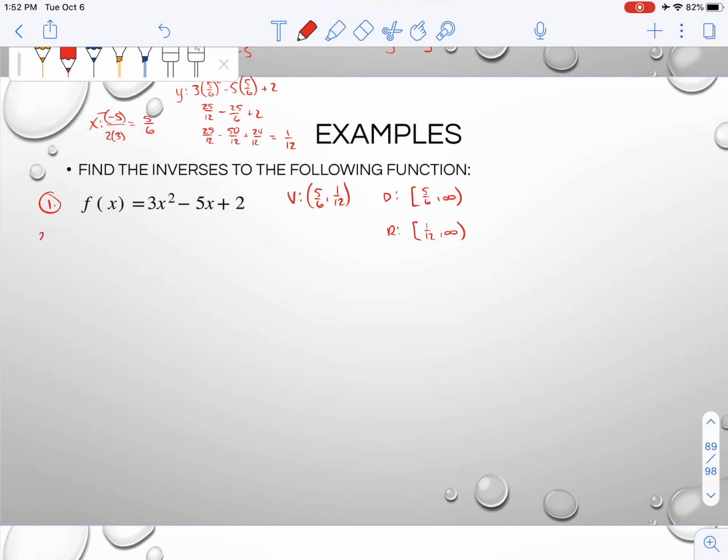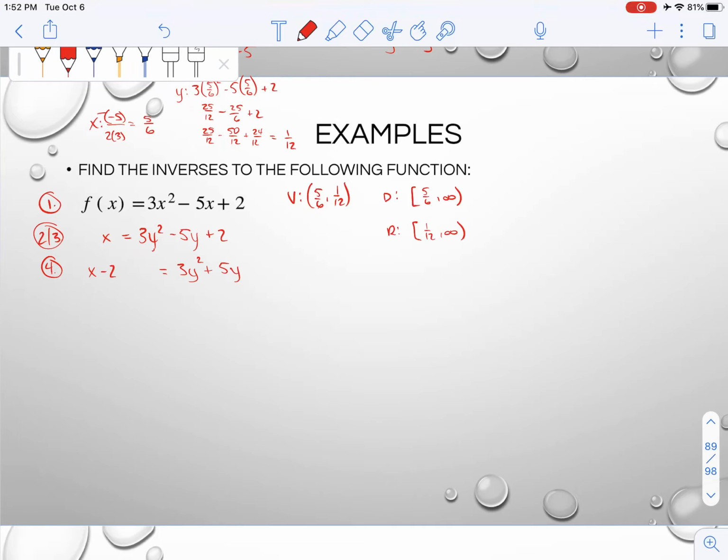All right, so again, step 1, I've restricted the domain. Steps 2 and 3, I'm going to switch x and y. Now I'm going to solve for my new x. I'm going to have to complete the square again. So we're going to have x minus 2 plus some blank equals 3y squared plus 5y plus some blank.